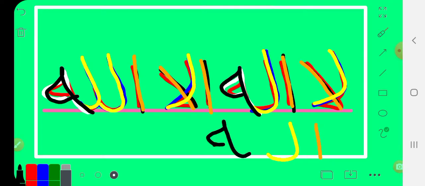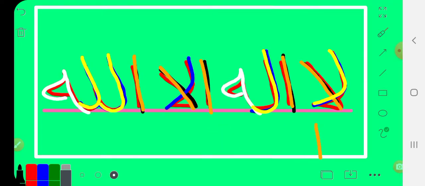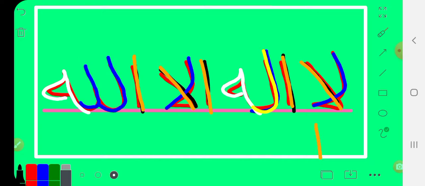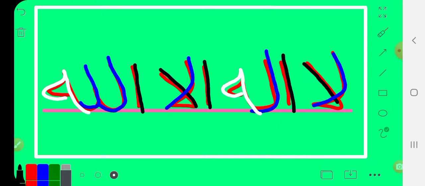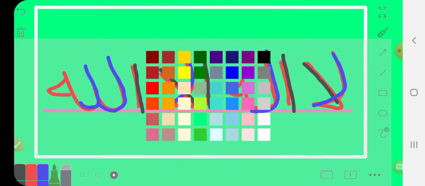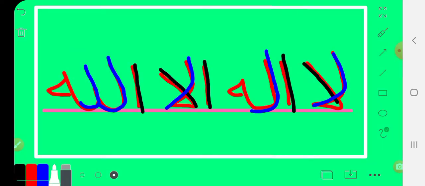Okay, so if we go back and we look at the first letter again, which is the alif, then if we put the stroke on top, then it's a, right?